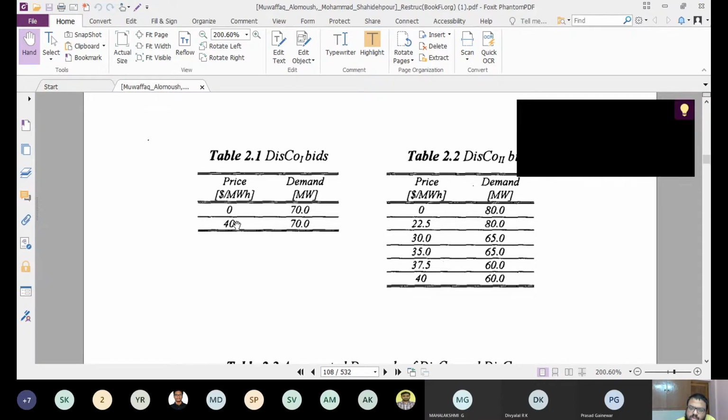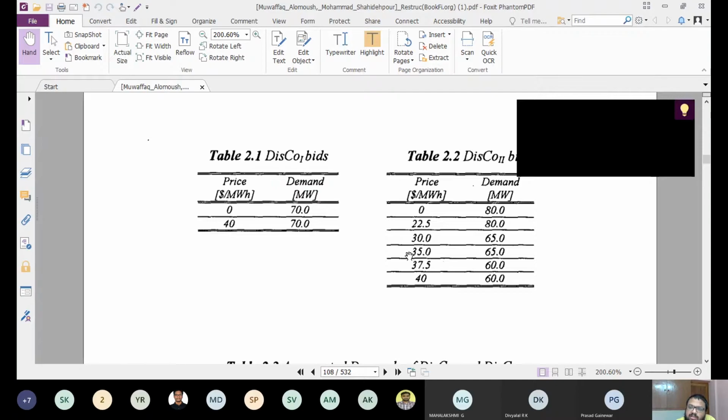Now, what's the next price? Next price is 22.5, right? At 22.5, there is a demand for DISCO 1 and DISCO 2. Then the next is 30, then 35, then 37.5, then 40. So for each price, including both, we write the prices in ascending order and take each demand, that is demand of DISCO 1 and demand of DISCO 2.